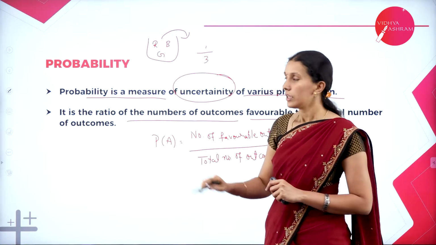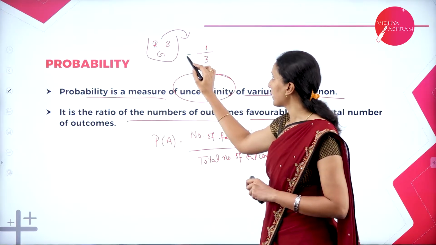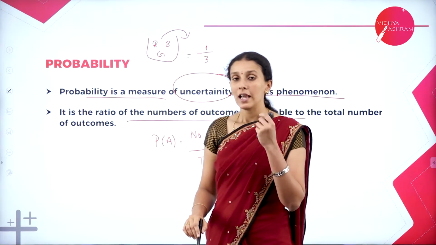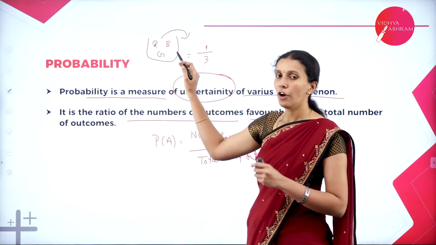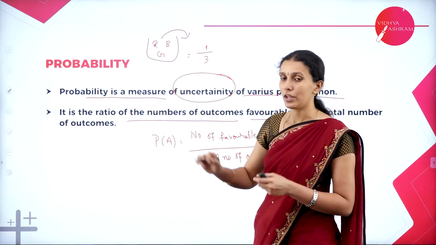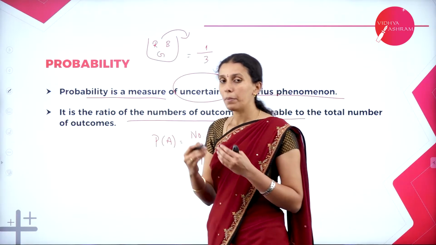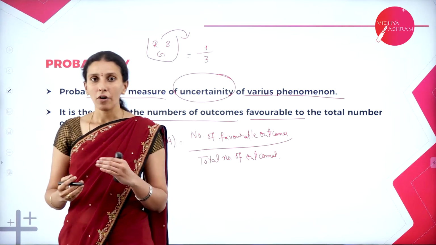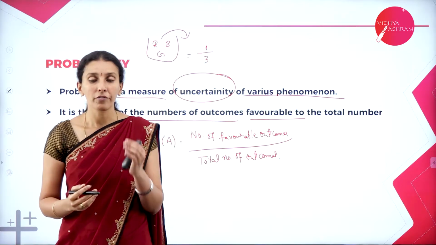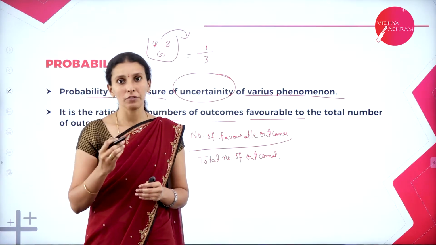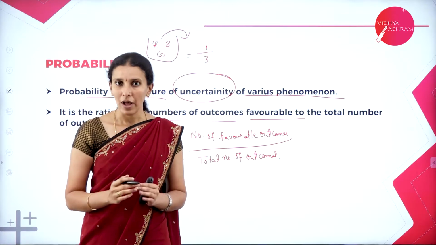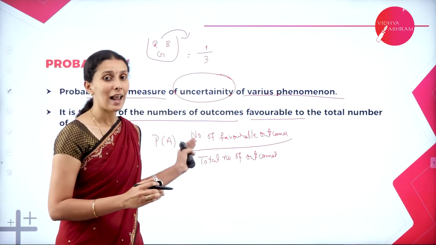Therefore, the probability is 1 by 3. Like that, for a black ball also it is 1 by 3, and for a green ball also it is 1 by 3. So when it is in the form of a ratio of the number of favorable outcomes to the total number of outcomes, that gives you the probability value, which is called the classical approach to probability.